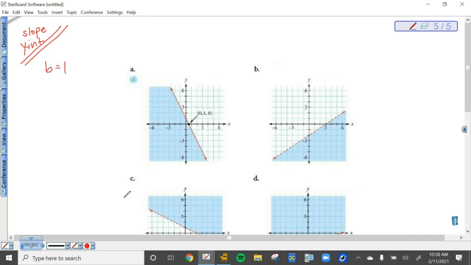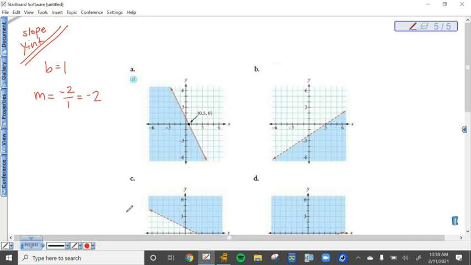Now let's count out our slope. If I start here at the y-intercept and I want to get to this point here, I'm going to need to go down 1, 2, over 1. So my rise is -2 and my run is 1. So my slope is -2 over 1, or just -2.